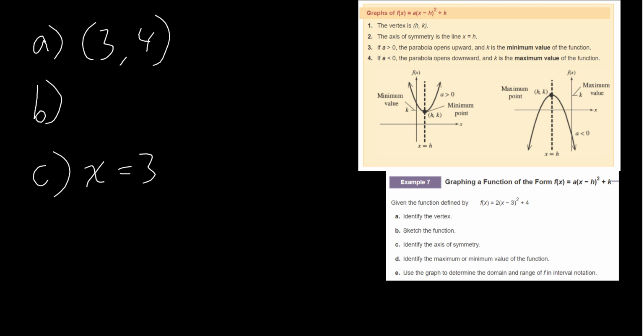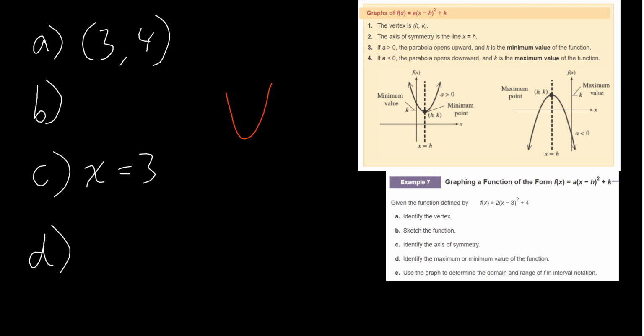And again, I'm just looking at that. A, B, C, D, we're going to need to identify the maximum or minimum value of the function. Well, looking at the a value, which is 2, since it's a positive 2, I know we're opening upward.